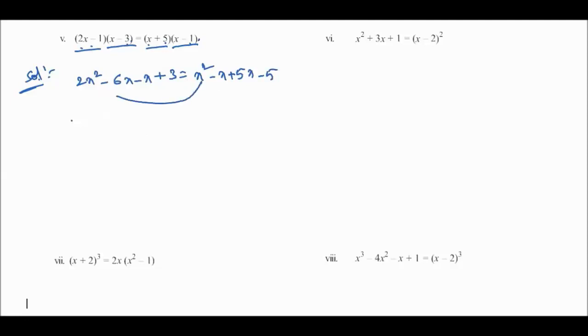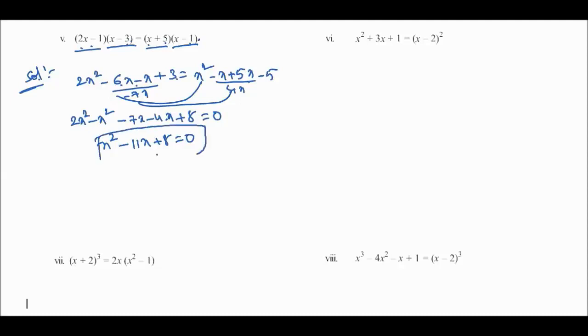X square will take here and 2x square minus x square. So 5x minus 6x, minus x, 7x here, 4x, 5x minus x, 4x, it will come here. It will minus 7x, it will come here minus 7x minus 4x, so plus 8 is equal to 0. So x square minus 11x plus 8 is equal to 0. It will come like this. Is it a quadratic equation?